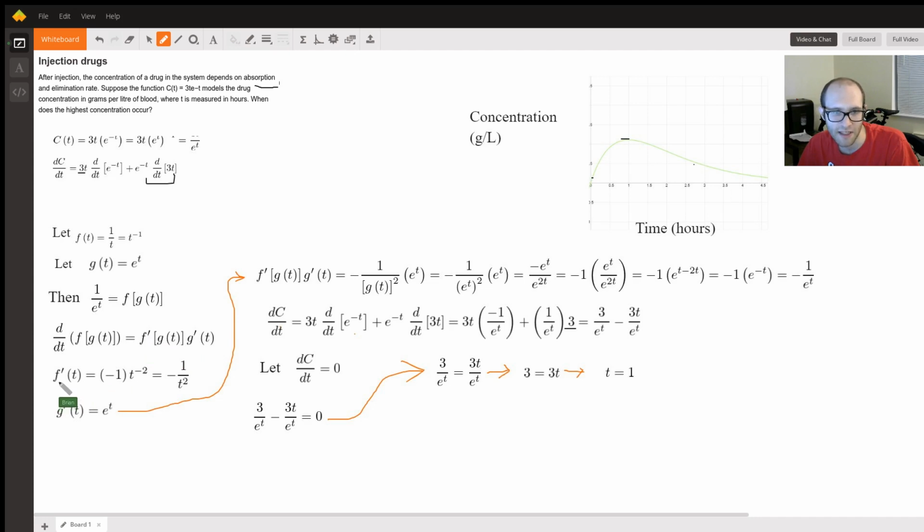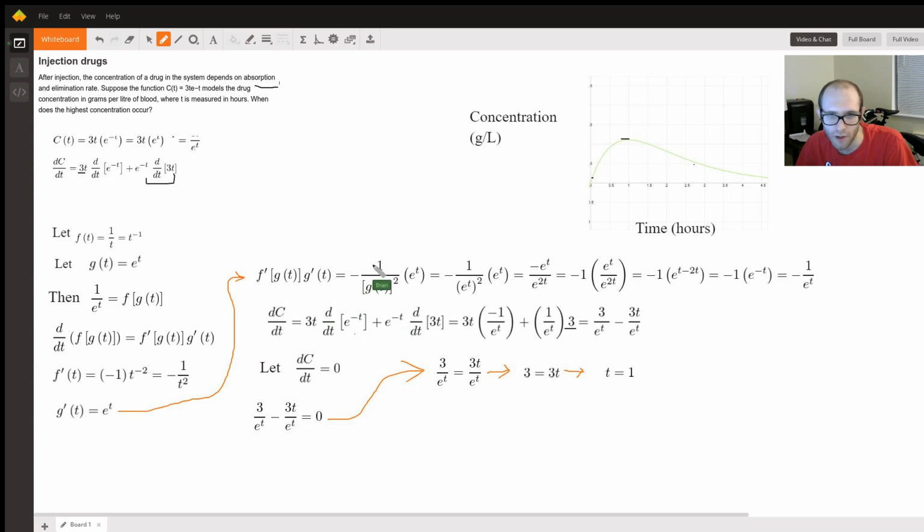Now f prime t, we're going to go back to f of t. So negative 1 times t to the negative 1 minus 1, that's negative 2. Derivative of e to the t is e to the t. Now, all I'm doing here is plugging in what I got before. So f prime g of t times g prime t.